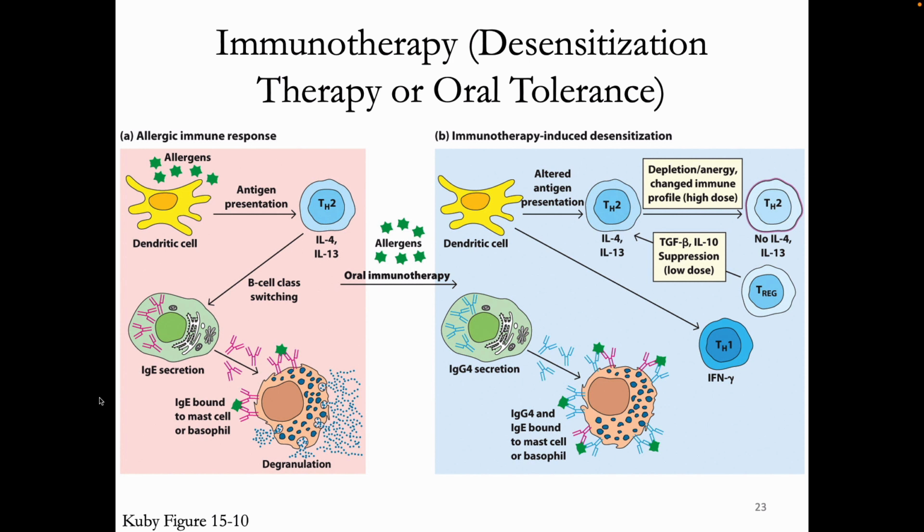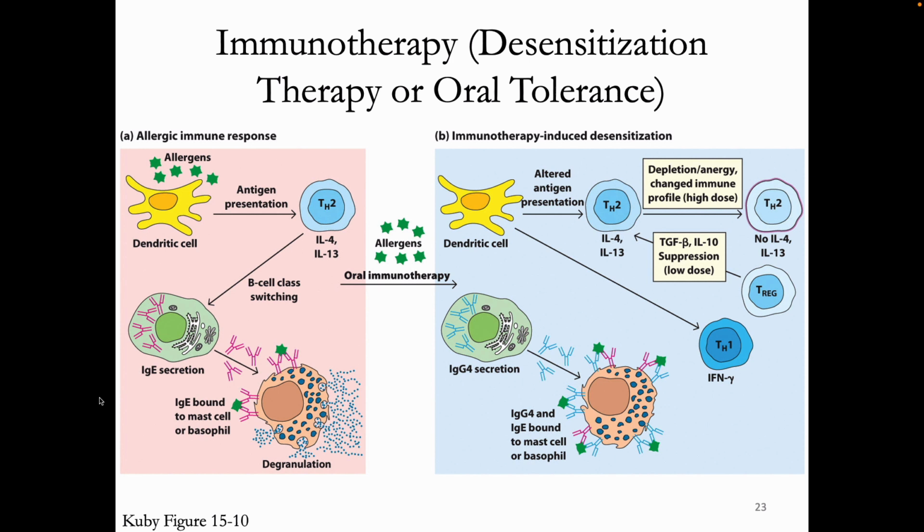One of the most famous is sometimes sublingual treatment, so putting some allergen under the tongue to help induce a tolerance treatment. And so the idea here is that we can take a patient who is extremely allergic, who has a very strong Th2 response, and start to decrease their response by sort of giving them this tolerance induction.